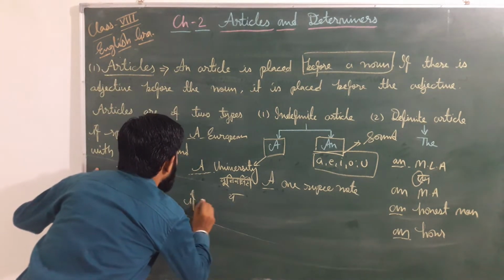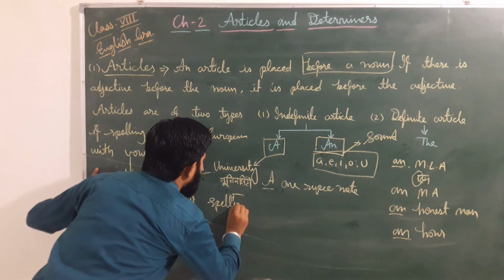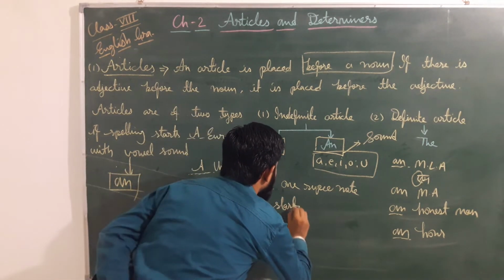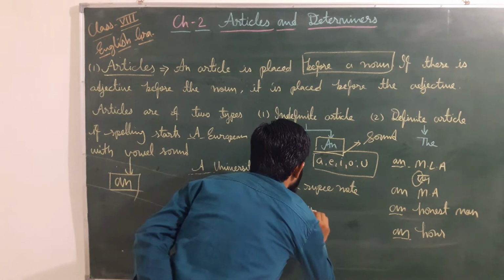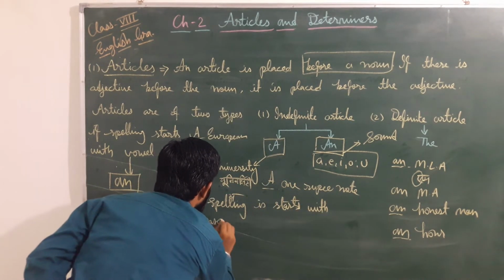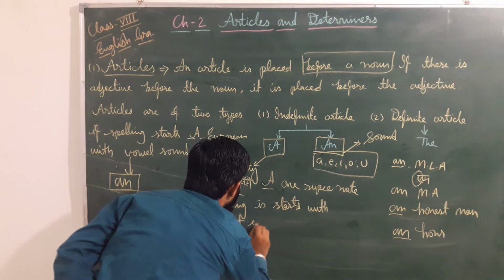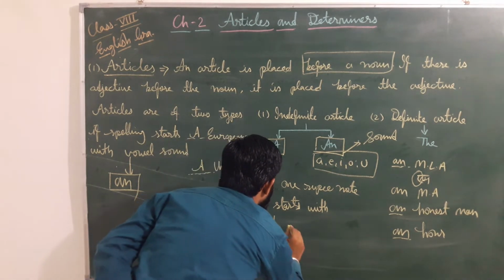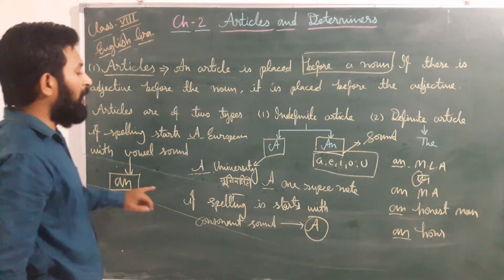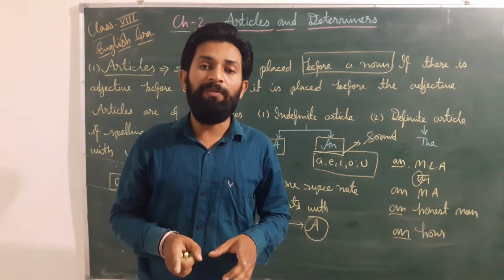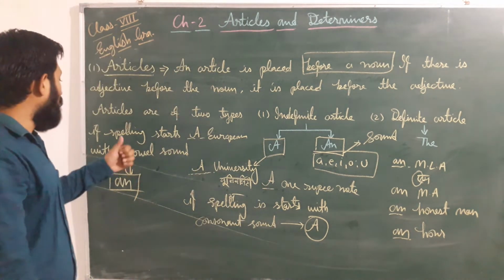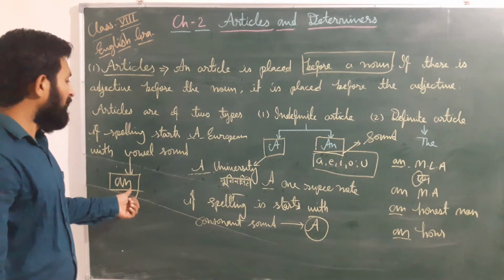But if the word starts with a consonant sound, then you have to use a. It is the main and most important rule. If any word starts with a consonant sound, you have to use a. If any word starts with a vowel sound, then you have to use an.